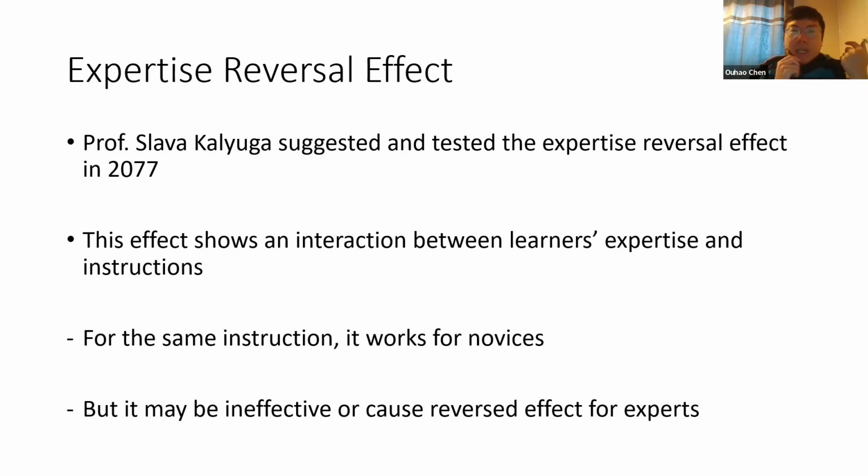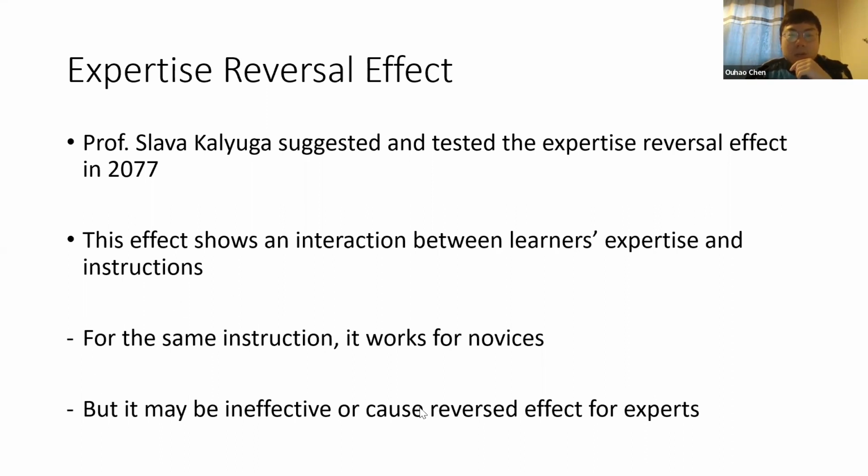However, if we use the same worked examples to teach year 8 students about solving 3x + 5 = 8, it may not be effective because they already know this knowledge. Using worked examples will be ineffective and will cause high cognitive load.